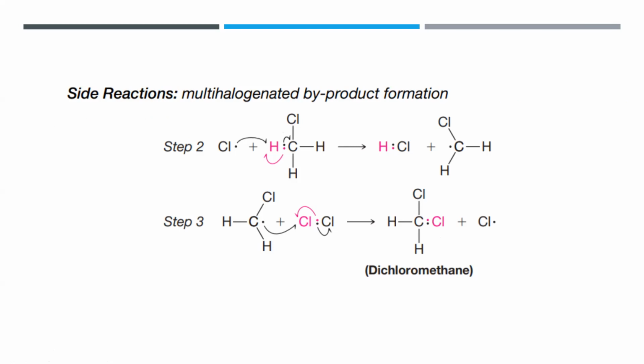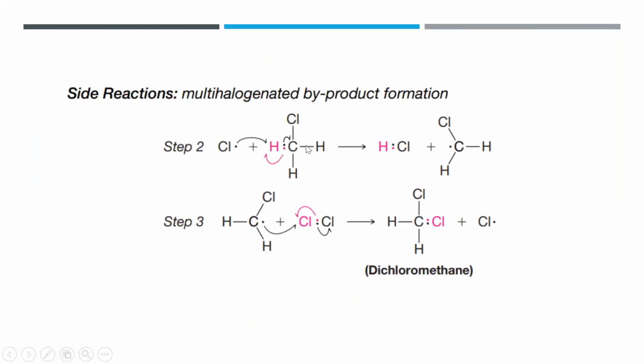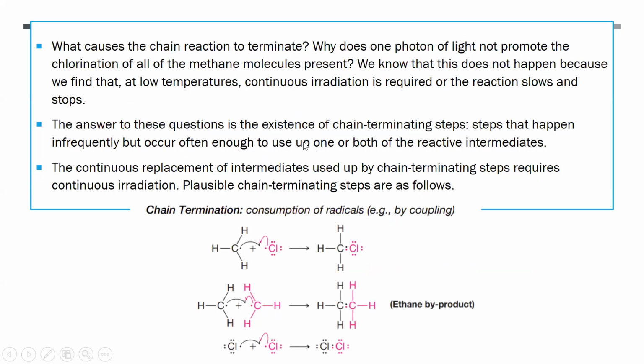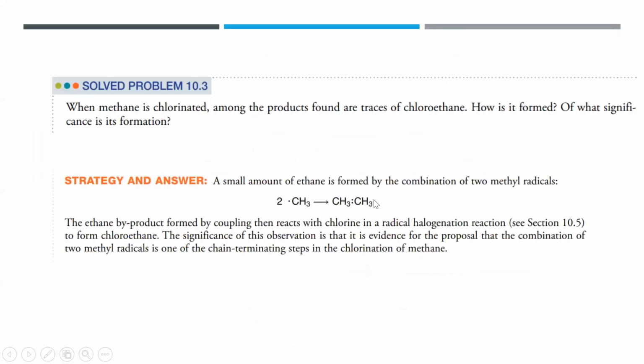Once you produce your ethane, this is one of the termination steps. There is a termination step where the remaining radical can react with another chlorine radical to produce your chloroethane. Again, once you produce your ethane, how do you find chloroethane?